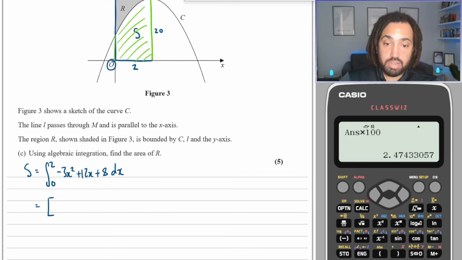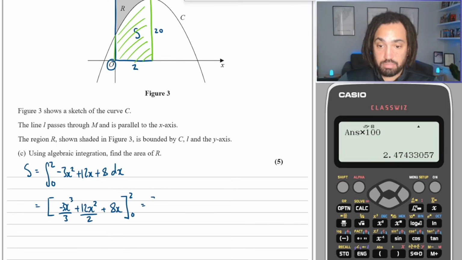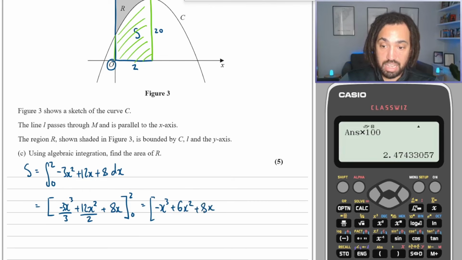Okay, so when I integrate, I up the power, and then I divide by the new power. I up the power, divide by the new power, and up the power, divide by 1. And that's between 2 and 0. Okay, so let's just simplify this. It's minus x cubed plus 6x squared plus 8x between 2 and 0.